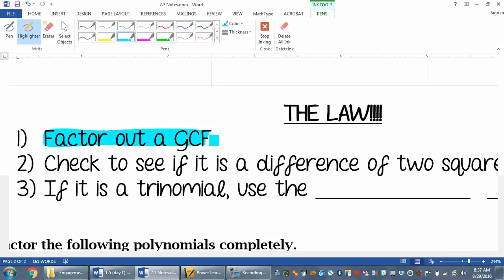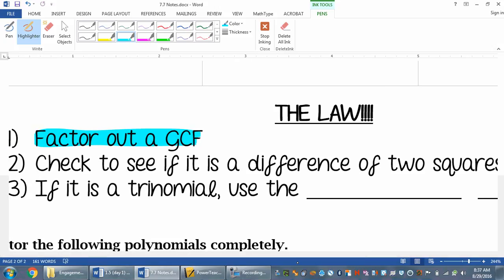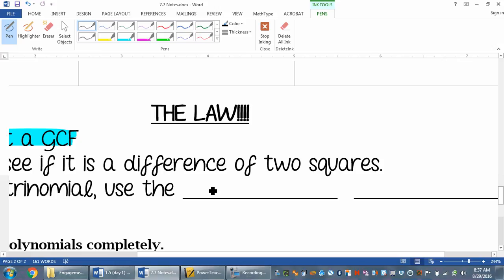Then step 2, after you factor the GCF, check to see if it's a difference of two perfect squares. So if we're using 1, 4, 9, 16, those numbers, it's generally going to be a perfect square. And then if it's a trinomial, remember, use the guess and check method. Remember the inners and outers, guess and check method.